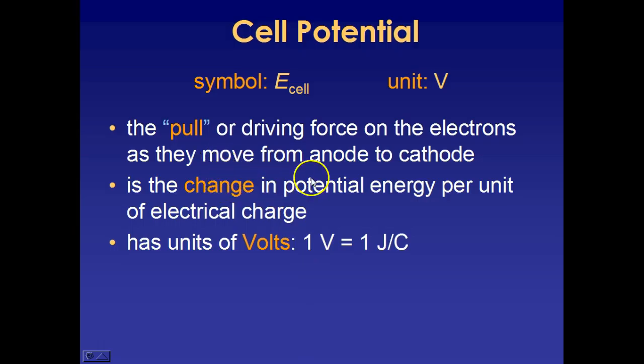And it's, again, the change in your potential energy per unit of charge, which depended in part on how many electrons are being transferred. And so voltage, which you've often heard referred to, 1 volt, is basically a joule per coulomb. A coulomb is representing your charge.